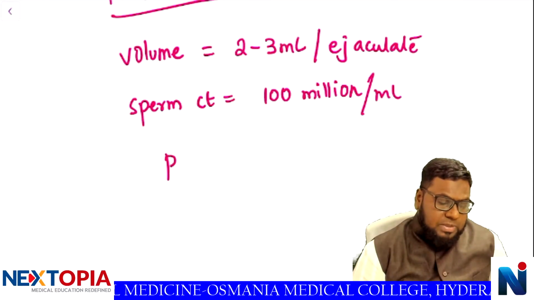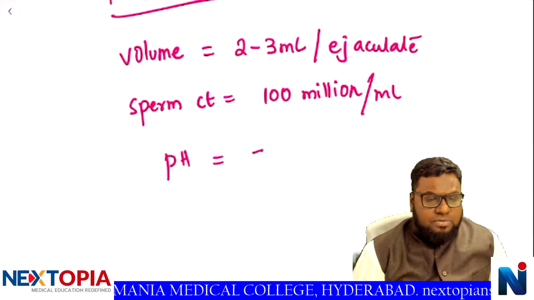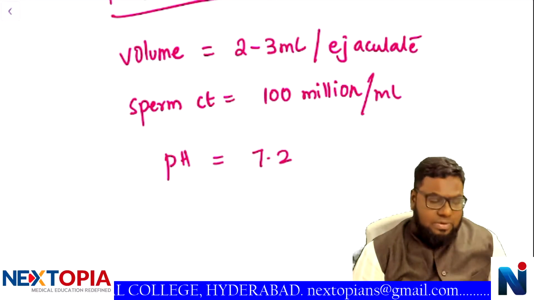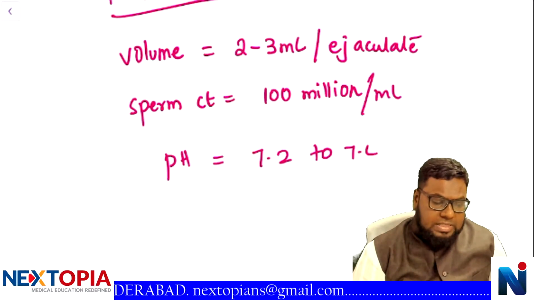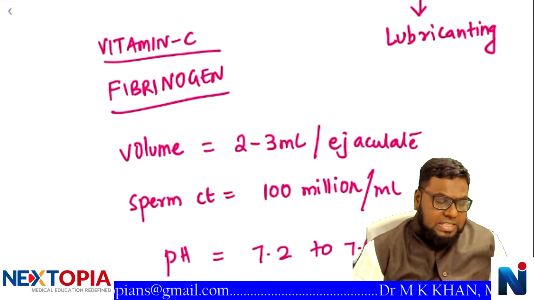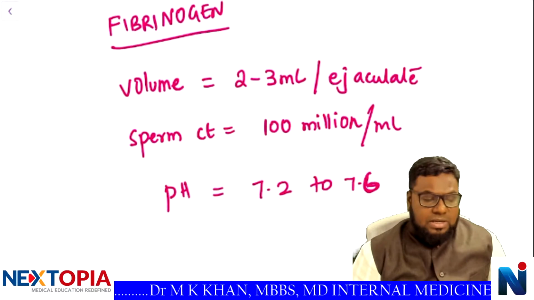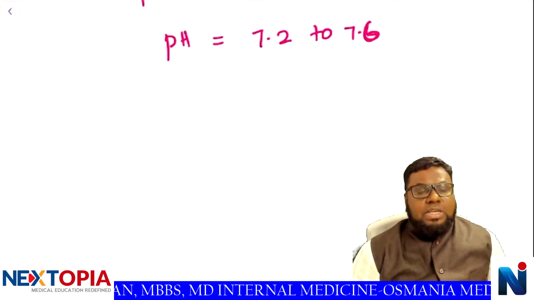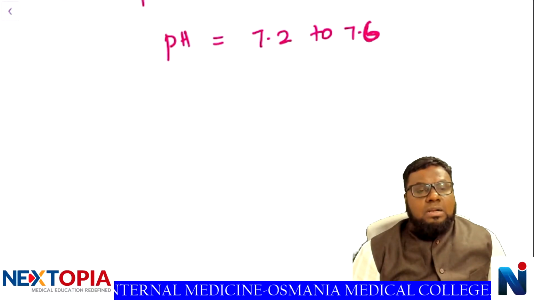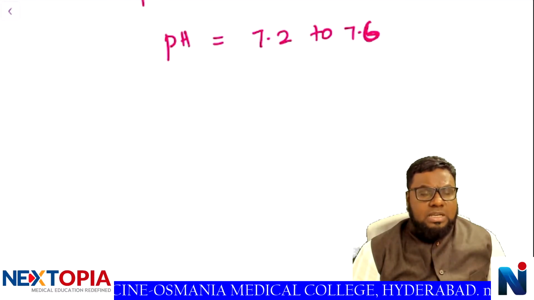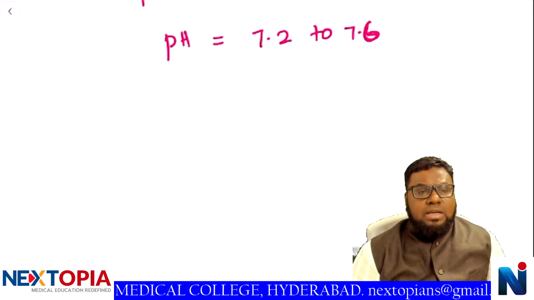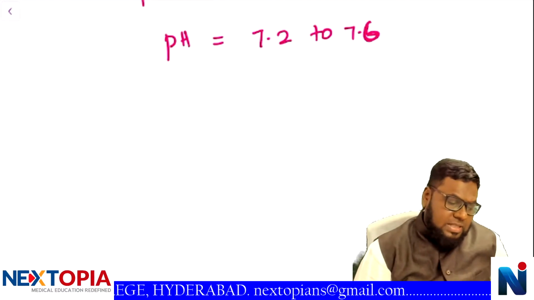The pH of semen is very, very important here. The pH is maintained between 7.2 and 7.6. The reason is seminal vesicle secretions are acidic in nature and prostatic secretions are alkaline in nature. When these two secretions meet, they form an almost neutral pH of the semen. The semen contains fibrinolysin.